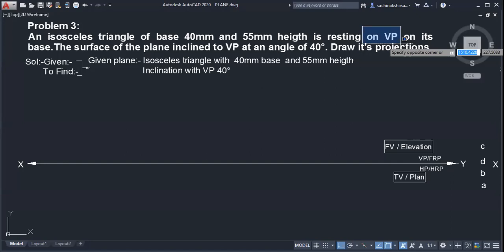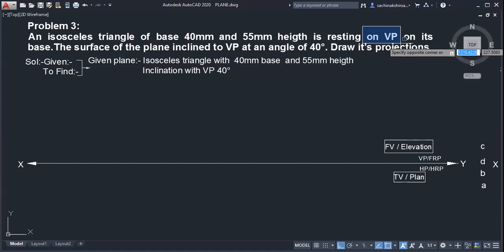It is in VP, so which view will be its true shape, front view or top view? Front view, because in VP we get the front view. So we should draw its front view as a true shape.